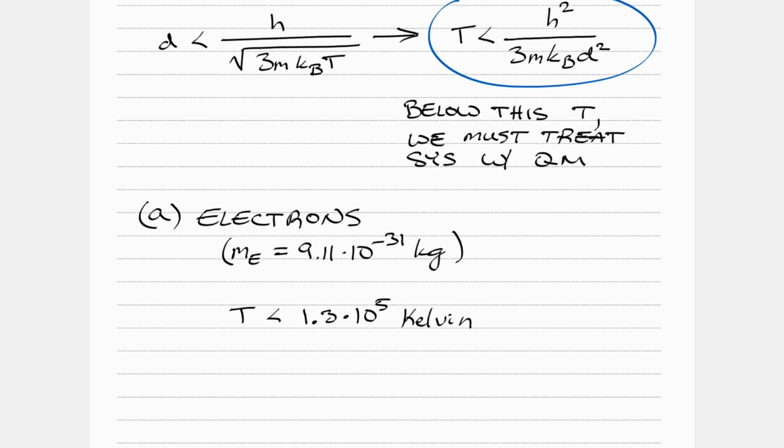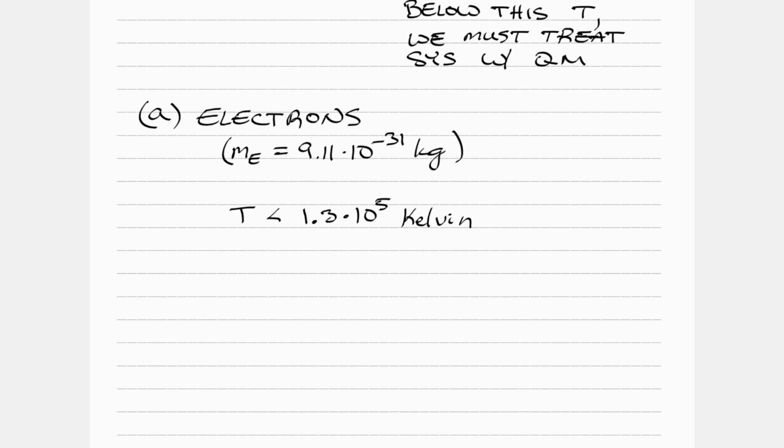So when T is less than that, we need to use quantum physics, and that should cause us to think, oh, that's a very high temperature, so pretty much always we should use quantum physics to describe electrons. That's what we're saying there.